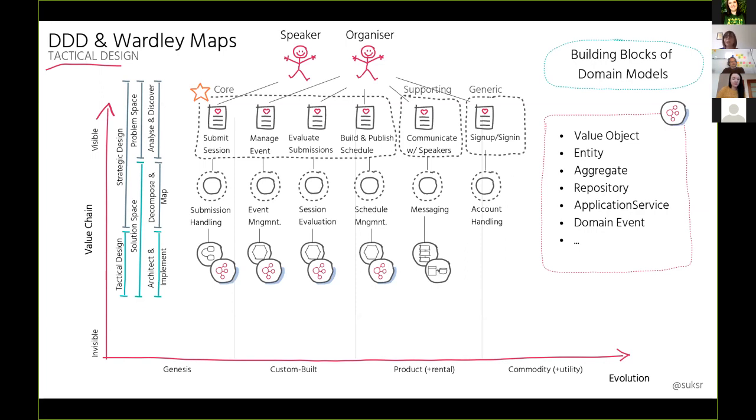The repository provides mechanisms to load entities and aggregates from an underlying storage mechanism, and also to save aggregates and entities to that storage mechanism. And also domain events, which represent a specific message representing a specific event that has happened in the business domain. And the application service itself is the one that orchestrates and manages use cases and transactions and does not contain any business logic.